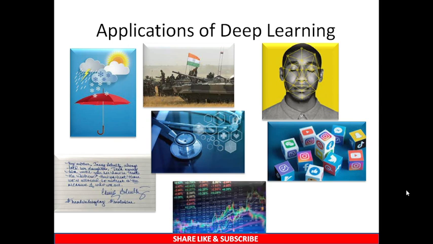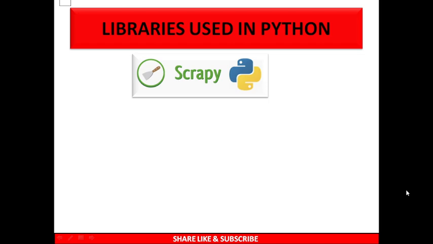At the last level, it is very possible to apply it in the share market, because it has come online and is used by a vast majority of people, and we can buy and sell all the share market goods. With the help of deep learning, we can predict loss and profit with the utmost accuracy. So these are the applications of deep learning. And some of the libraries which are used in Python.